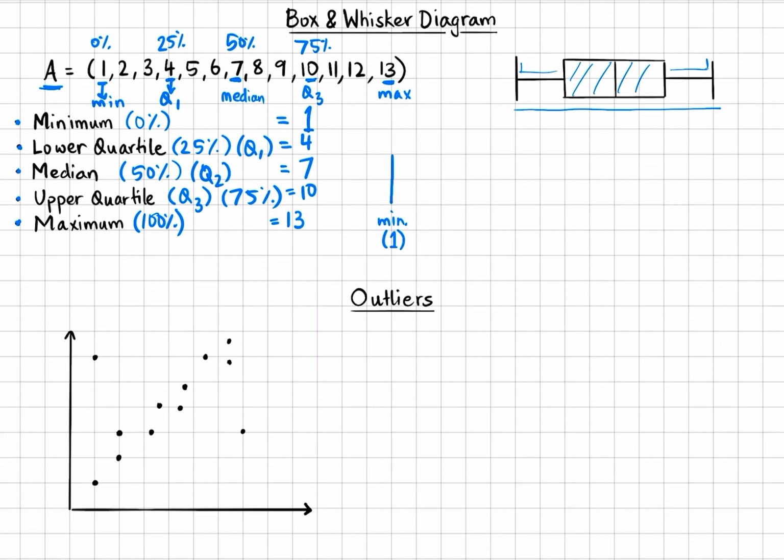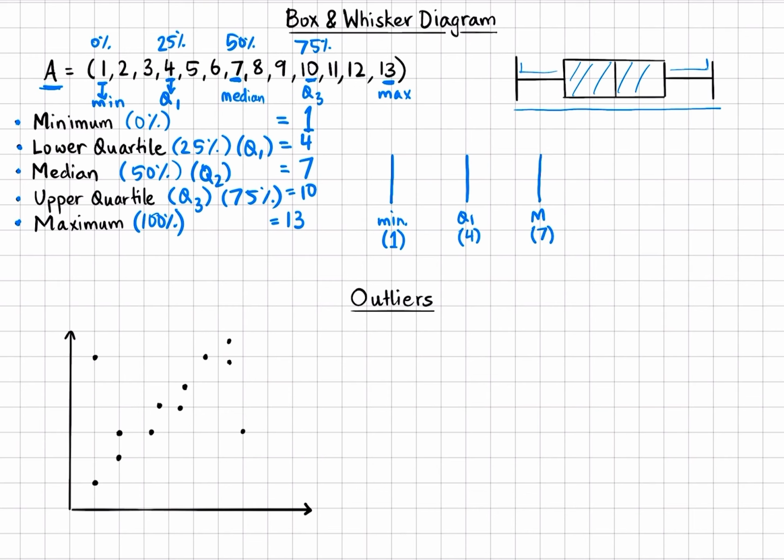So minimum is 1. Then I'll do another line after it, moving right, for the lower quartile. So I'll say Q1, and in between brackets the value is 4. I'll skip again, draw another line for the median. I'll say M, and then 7, that's the value.